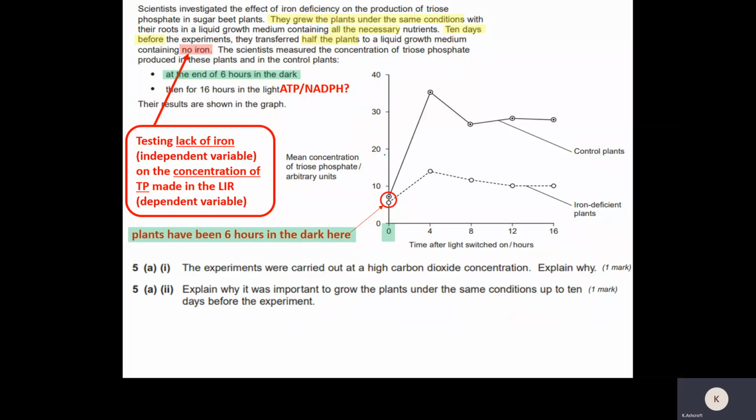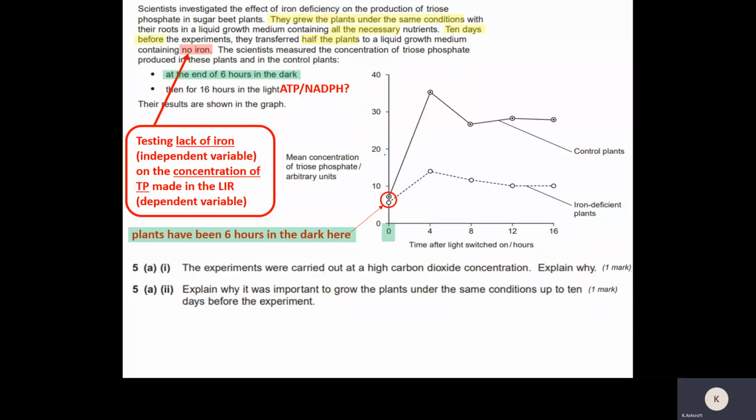Right, if we look at question 5A number 2, it says explain why it was important to grow the plants under the same conditions up to 10 days before the experiment. So if we go back to the text at the top, it says that 10 days before the experiments, they transferred half the plants to a liquid growth medium containing no iron. So this was the 10-day period with no iron compared to with iron. Prior to that, they grew the plants in exactly the same liquid culture media.